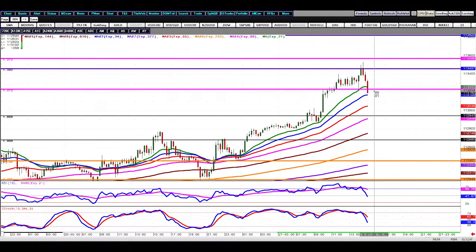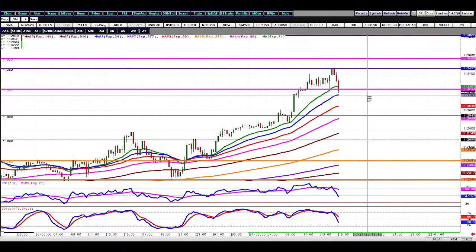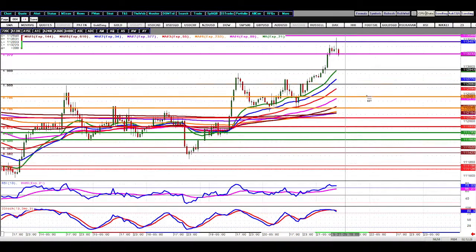So now what we got to do is, we will go for an add-on entry, since if this is the high, then the market is expected to come down even further.